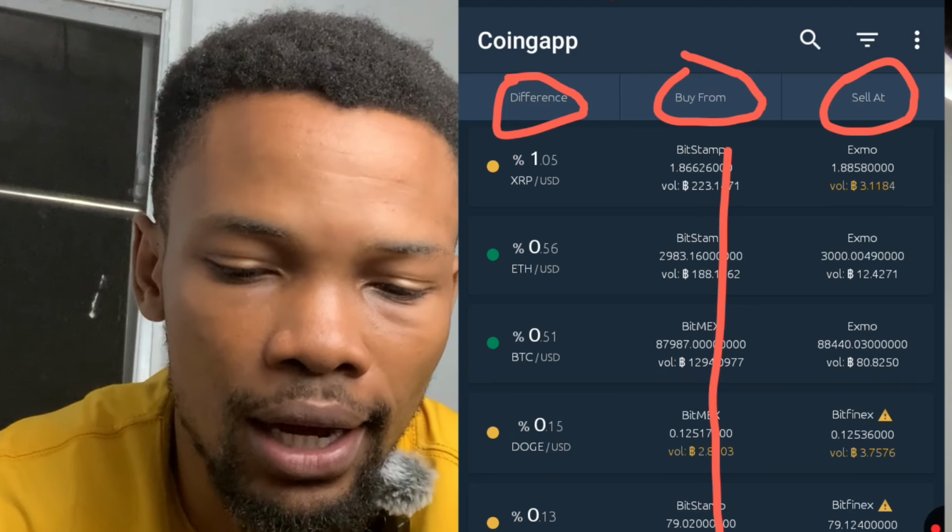For example, on this pair, you can see the buying exchange is Bitstamp, the selling exchange is Exmo. The price on Bitstamp is 1.8662, and the price on Exmo is 1.858, right? But you can see this place is showing yellow, and of course, this yellow simply means it is not ready.